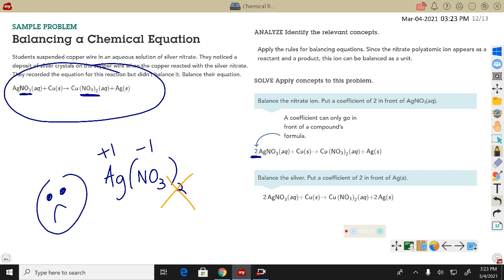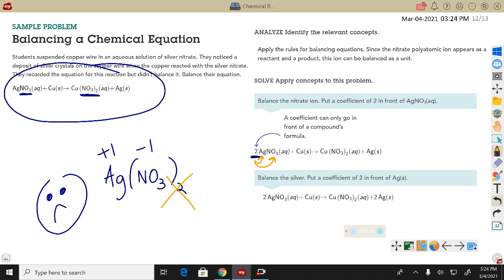All right, that fixed the nitrate situation. By putting the 2 out in front, it doubles everything. So it doubles my groups of nitrate, but it also doubles my silver. I thought I had the silver. I had one on each side to start with, but again, that's why it's called balancing.